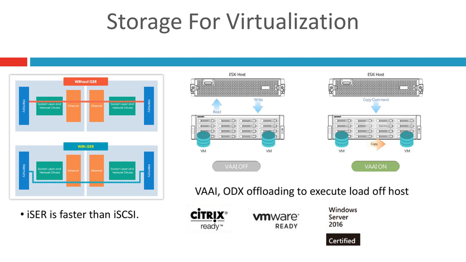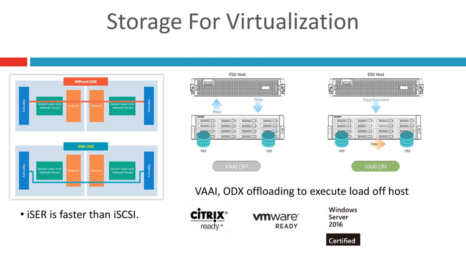The last consideration is storage for virtualization. For virtualization, you just need to keep a few things in mind. You don't have to be an expert in virtualization. You need to see whether your NAS supports iSER. We all know that iSCSI is the protocol that we use for virtualization. iSER is faster than iSCSI.